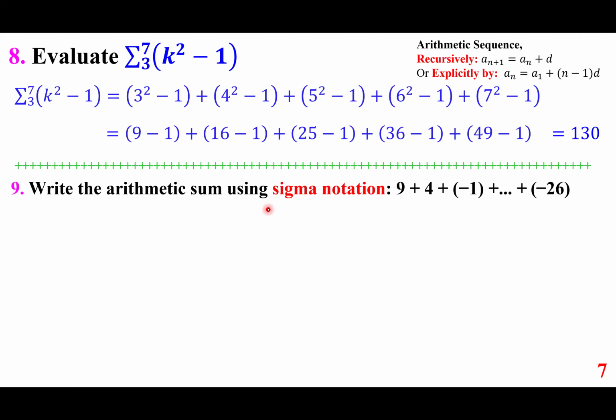Write the arithmetic sum using sigma notation, 9 plus 4 plus -1 all the way to -26. And we remind everybody, recursive format: a sub n plus 1 is a sub n plus d, and explicitly a sub n equals a sub 1 plus n minus 1 times d.